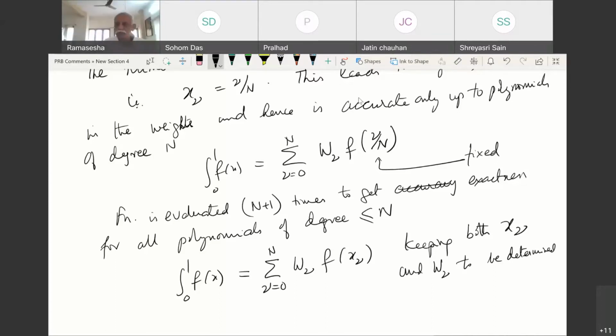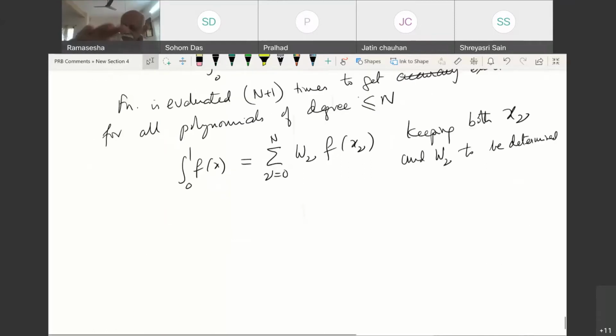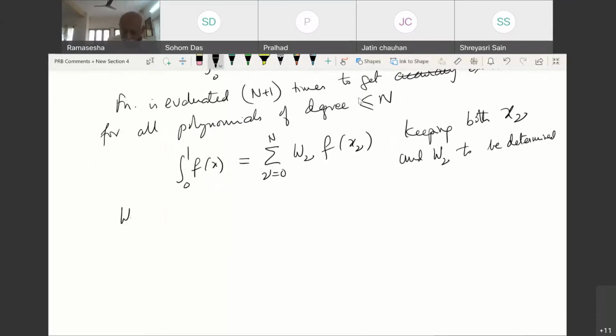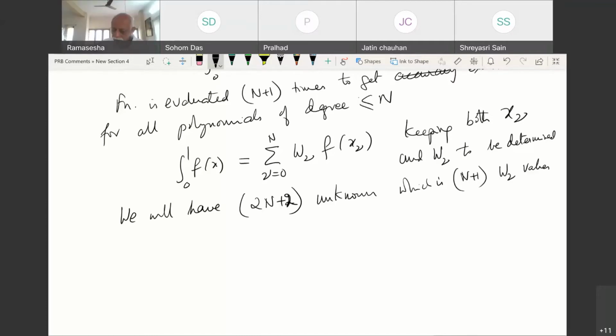You have 2n plus 1 unknowns, which is n plus 1 w nu values and n plus 1 x nu values.